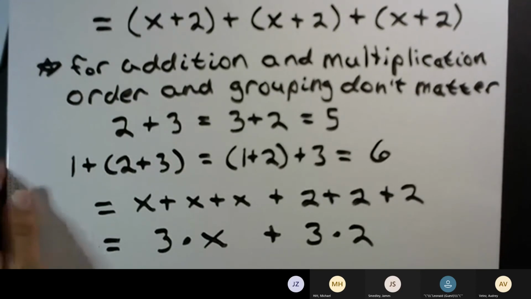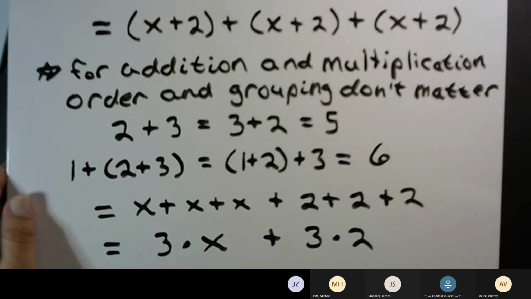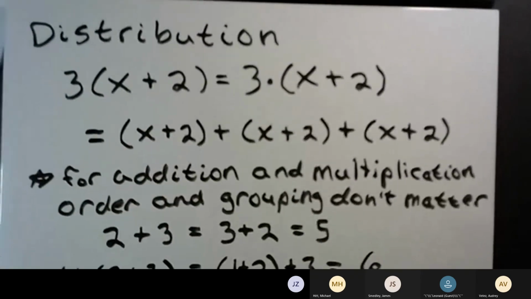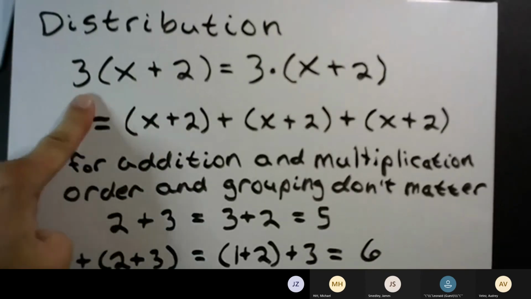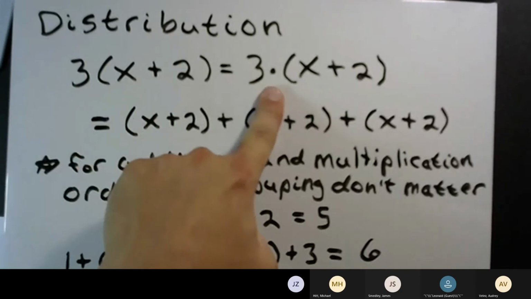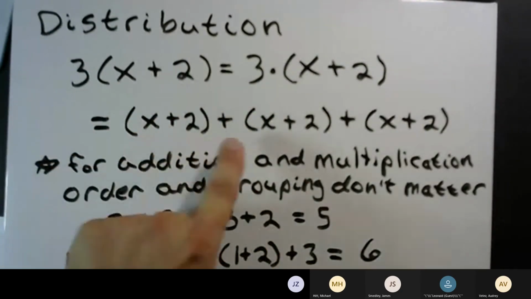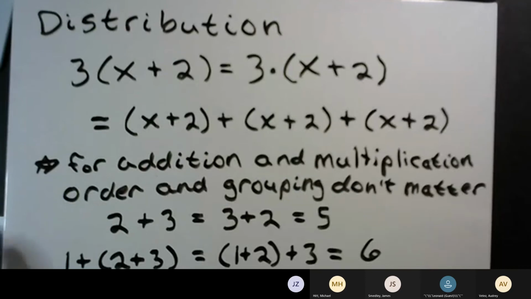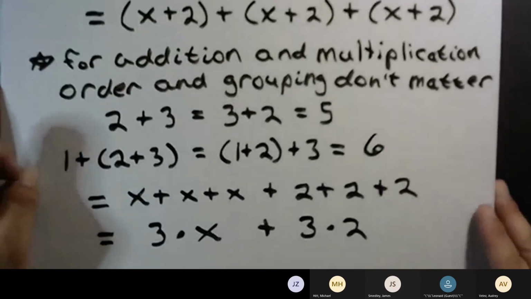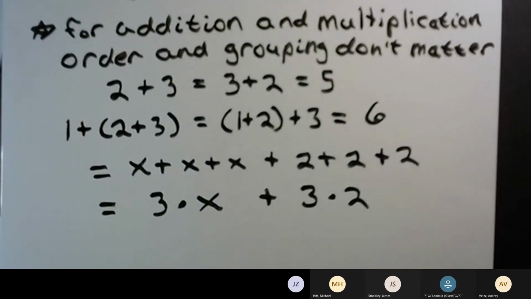So we go back to the beginning. Pardon me for just a moment. We start with this, which is multiplication, which is repeated addition. And then because order and grouping don't matter with addition, we can get rid of the parentheses and move things around.